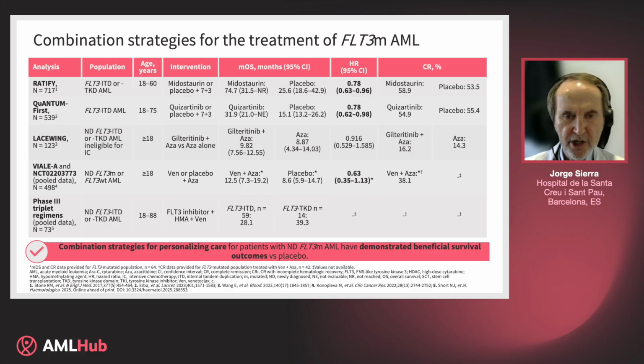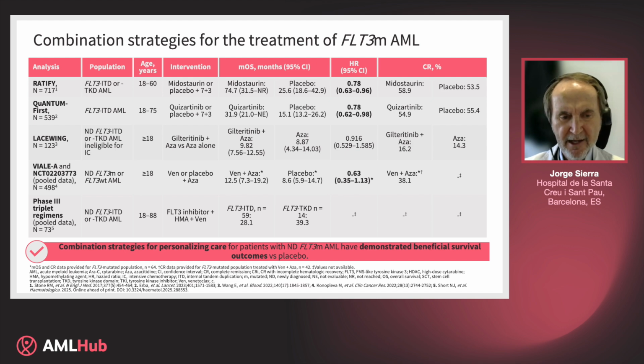The same was observed in the QuANTUM-First, but in this trial, interestingly, the patients were included up to the age of 75, and quizartinib was also given after allogeneic transplantation, showing again a benefit for patients with a FLT3 inhibitor. The third study is negative, the comparison of gilteritinib plus AZA versus AZA alone. No benefit of the addition of gilteritinib.